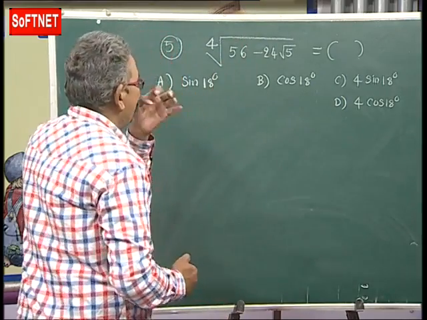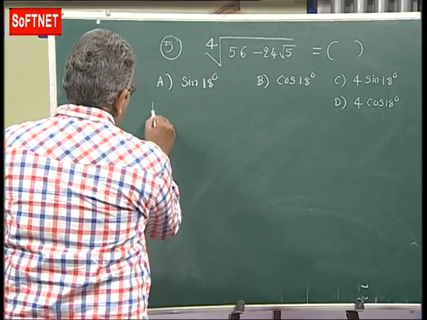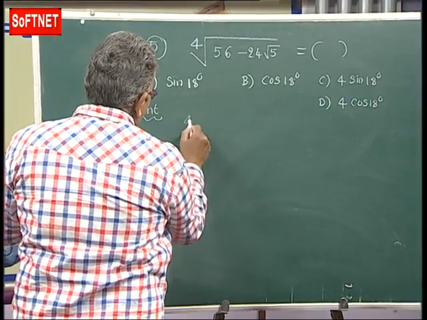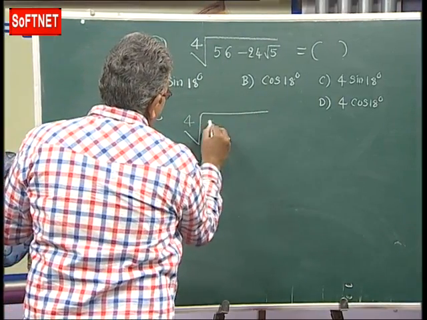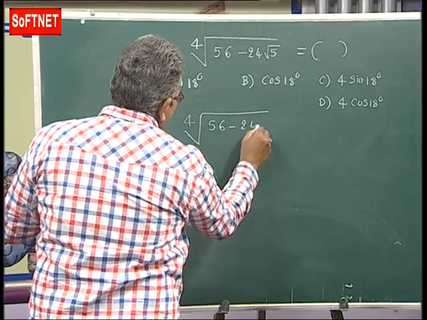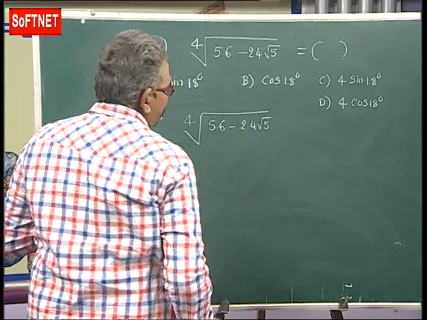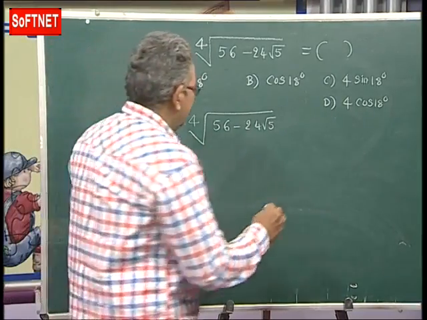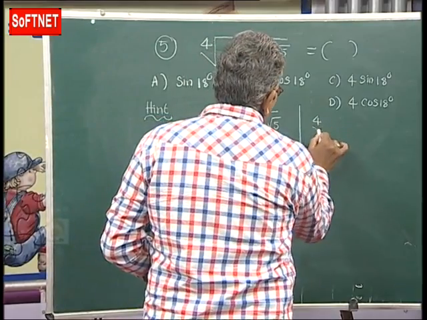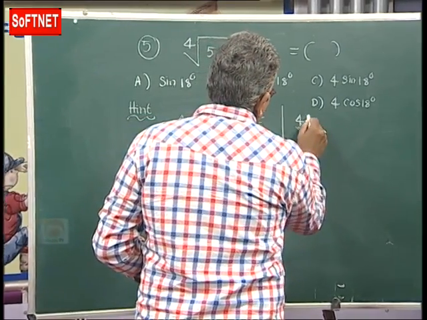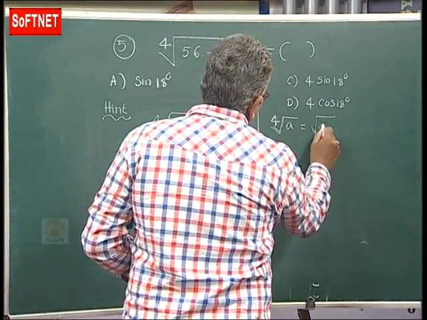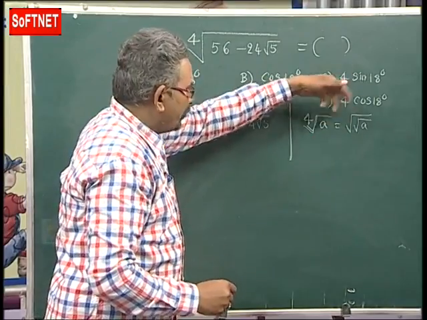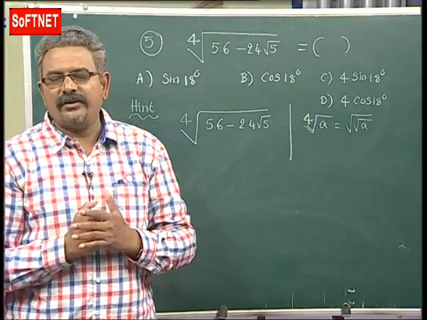So that means this is in the form of fourth root of 56 minus 24 root 5. In general, how to find the fourth root? Suppose fourth root of A is there, that is nothing but root of root of A. First we have to find out square root of A, and again we have to find out the square root.